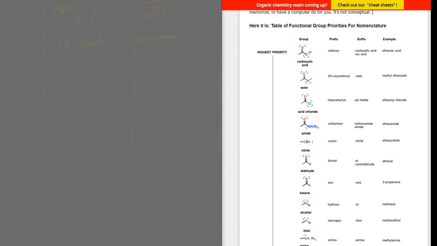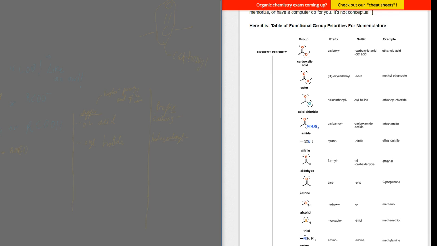And also carbonyl. This is a carbonyl. It's probably connected to something else. But this part, this is a carbonyl.